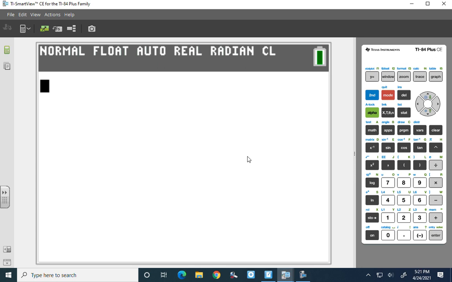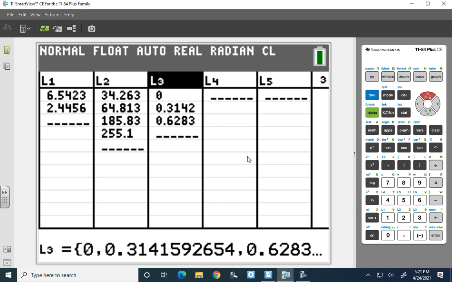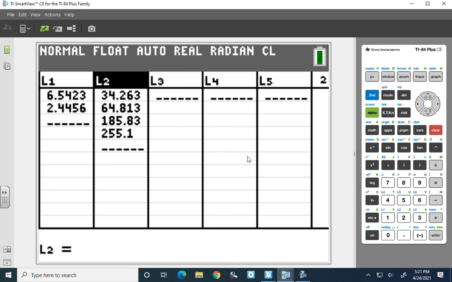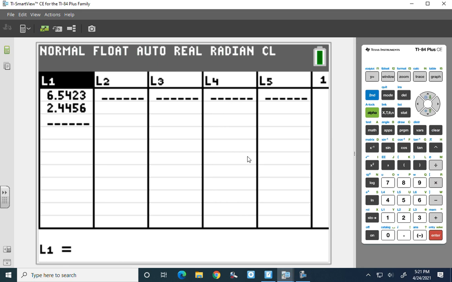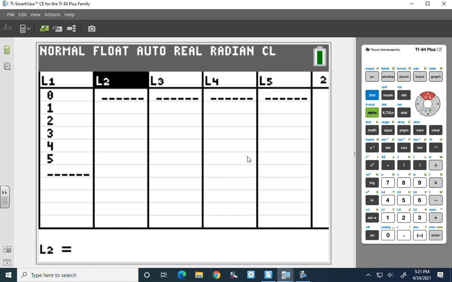So let's do that. In list 1, I can go to my stat menu and go to edit. Let me just clear out my data I've got here. I'll clear out all these lists. In list 1, we're going to put in our 6 x values: 0, 1, 2, 3, 4, and 5. And then you can come up here to the name of list 2, and you can type in to evaluate y1 at each of the values in list 1.